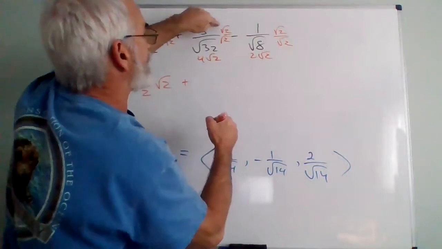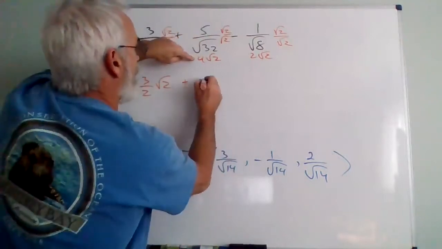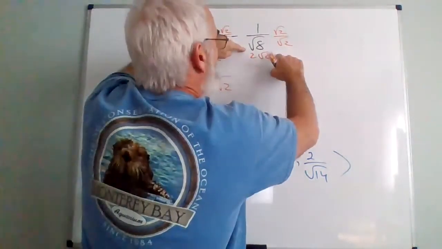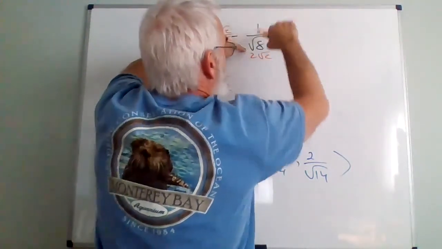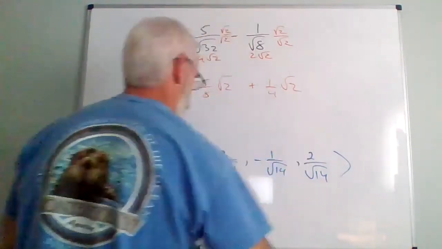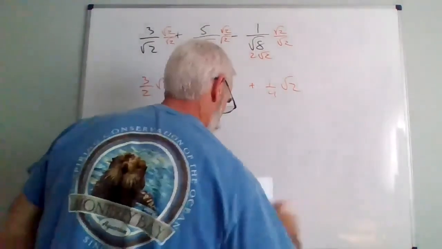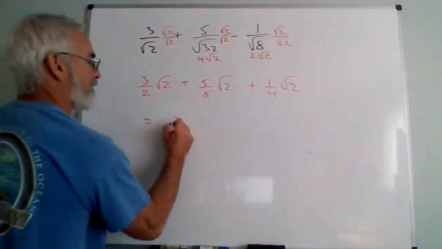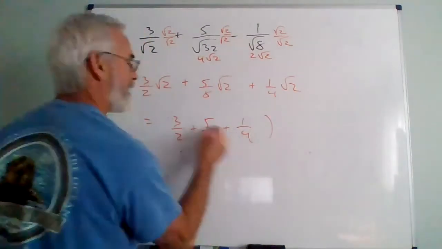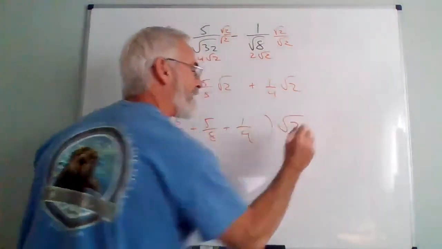This is 5 root 2 over 8, or 5/8 root 2. This one, root 2 over 4, or 1/4 root 2. So my final answer is 3/2 plus 5/8 plus 1/4 all times root 2.